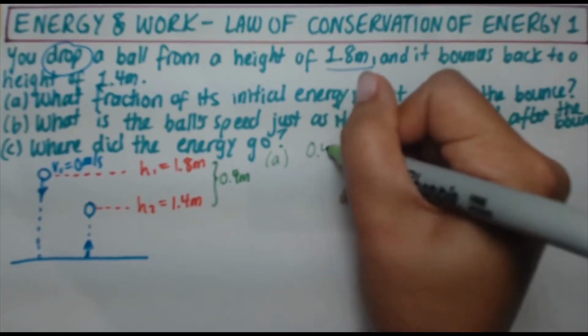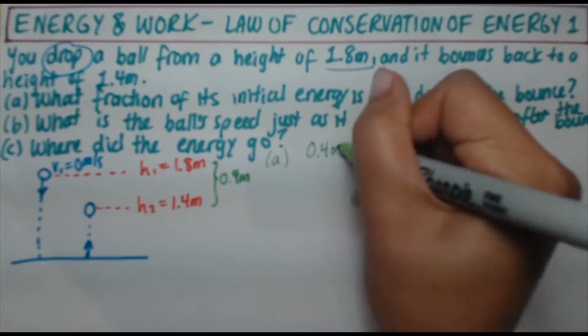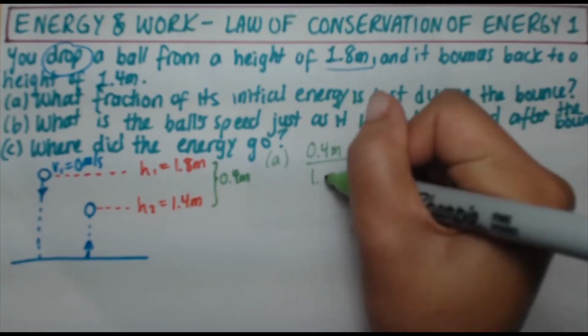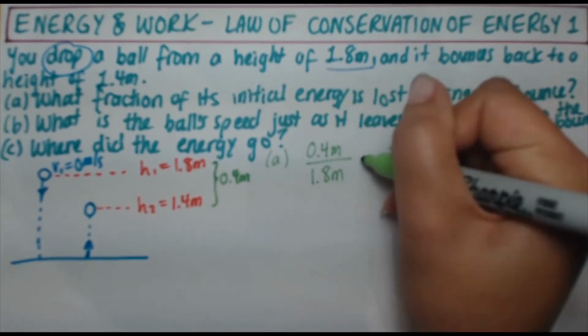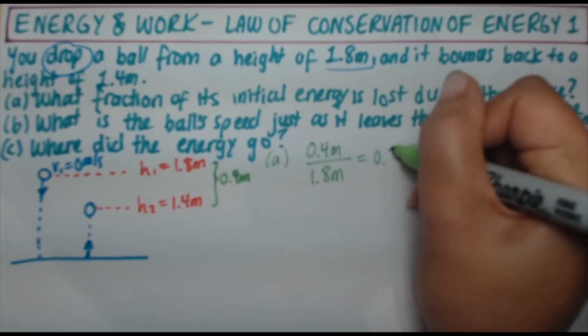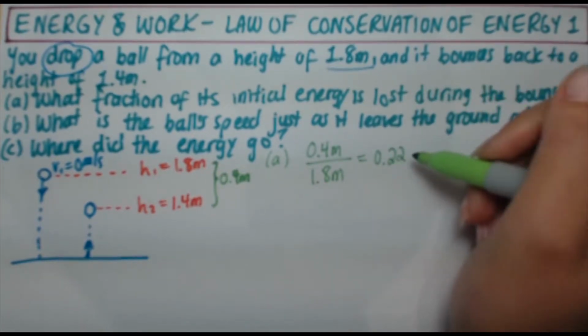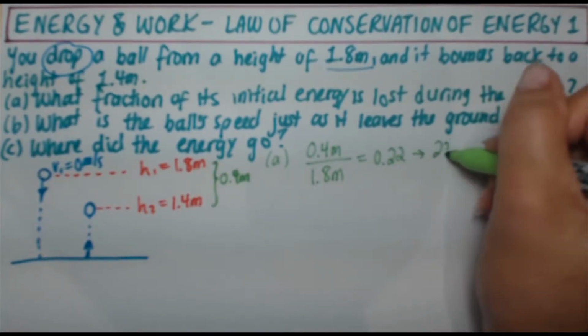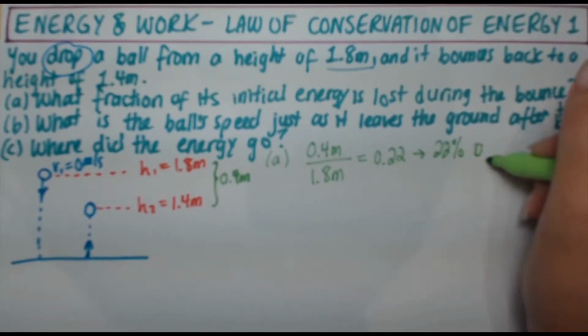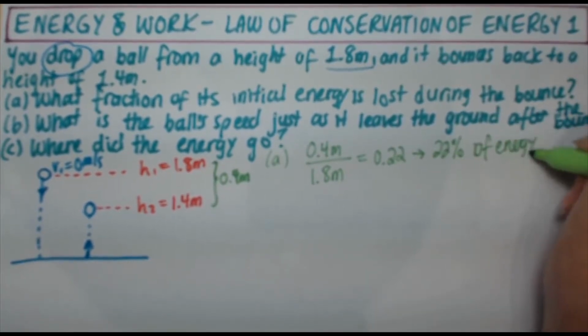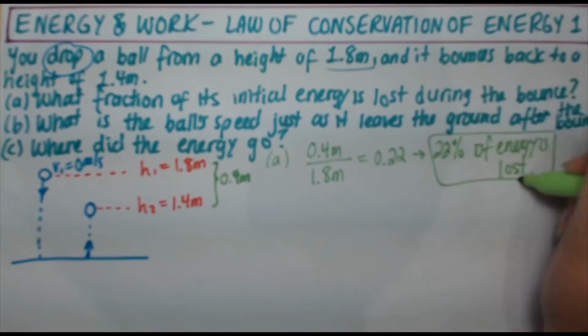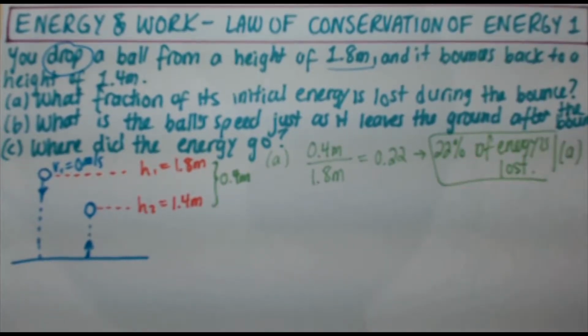So if you take the amount of height lost, which is 0.4 meters, and you divide it by the initial height, 1.8 meters, you get 0.22. In other words, 22% of the energy is lost. And this is normal. We'll look at why the energy is lost in part C. But there's the answer to part A, 22% is lost.